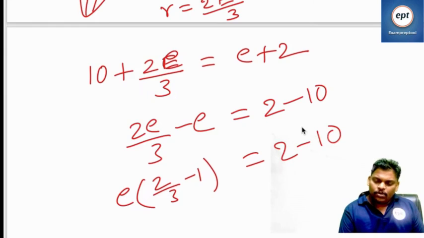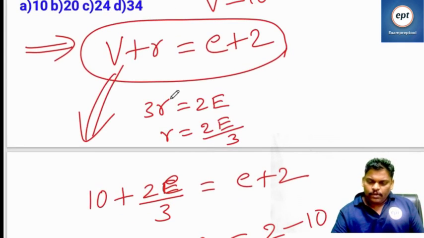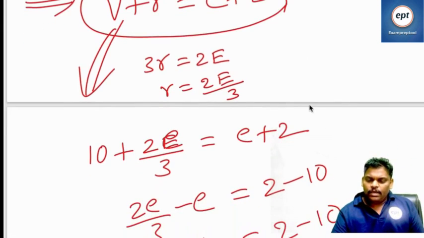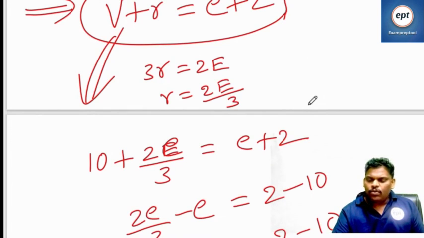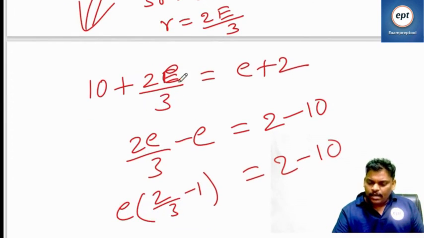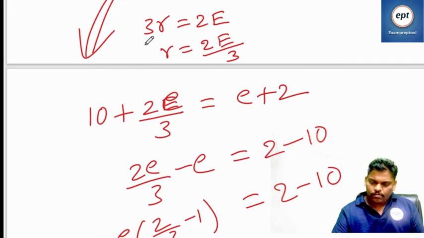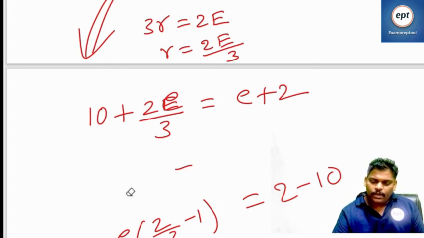Please check if I have done anything wrong. V plus R is equal to E plus 2, 3R is equal to 2E, R is equal to 2E by 3. So V plus R, with R replaced by 2E by 3. Do calculations properly.